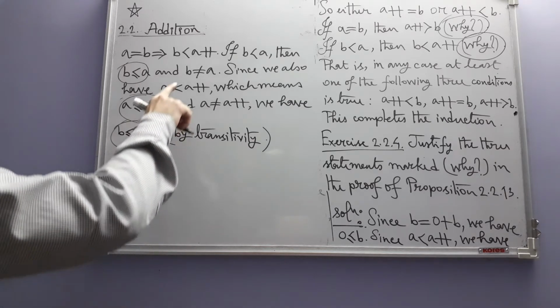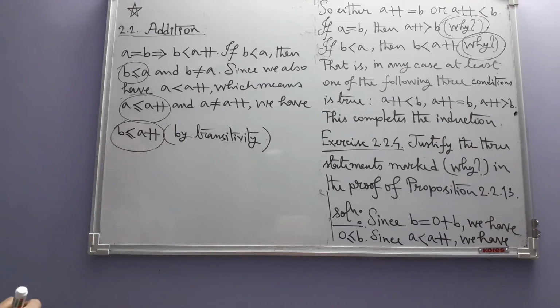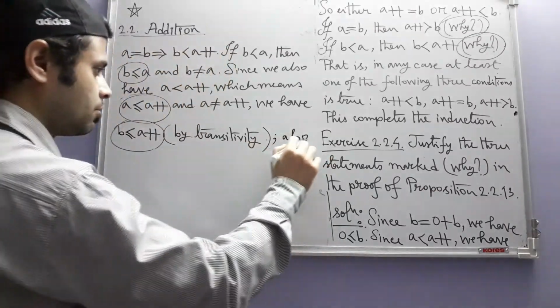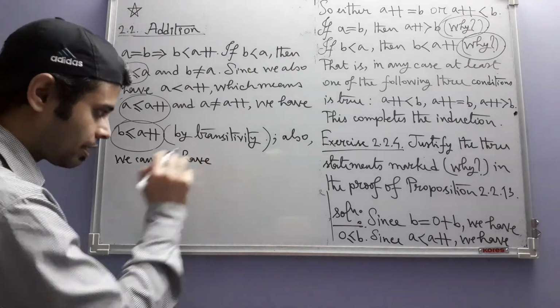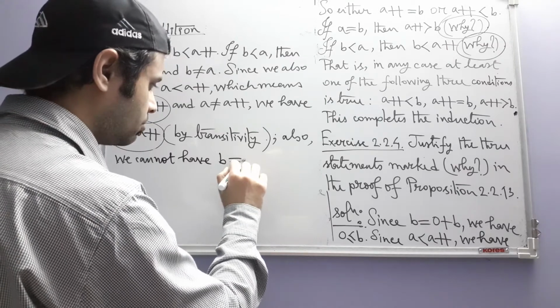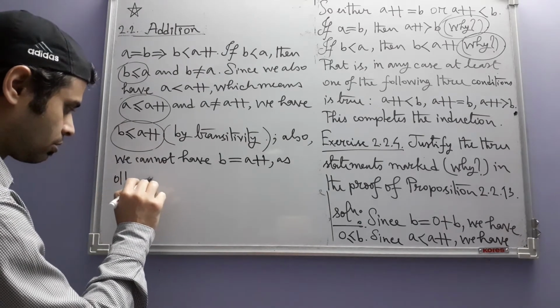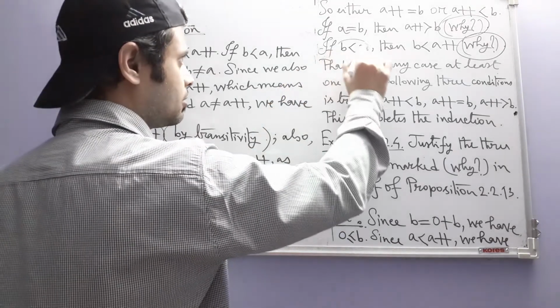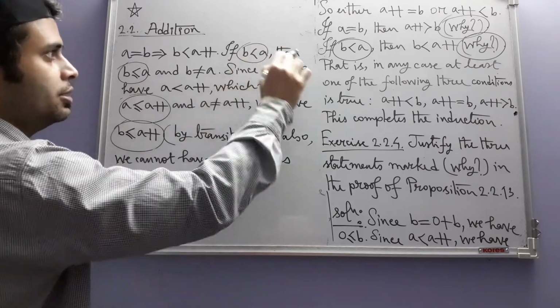Why? b is not equal to a plus plus because if b becomes equal to a plus plus, then you use this relation here, remember for this one we are starting with this.